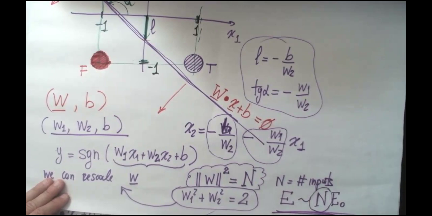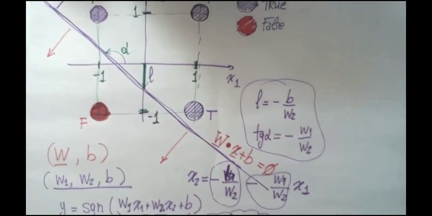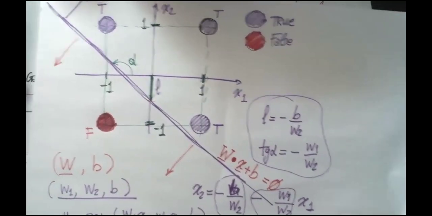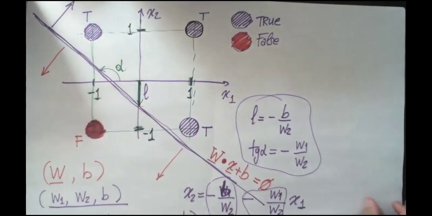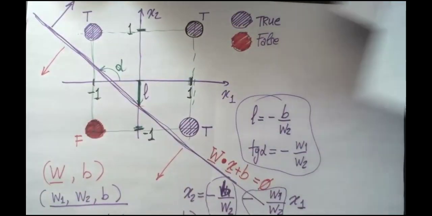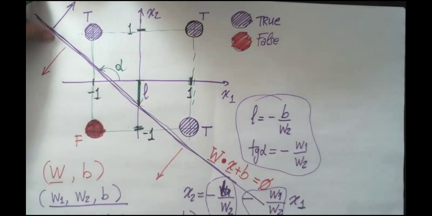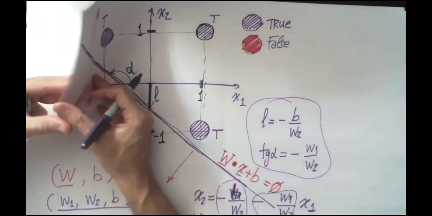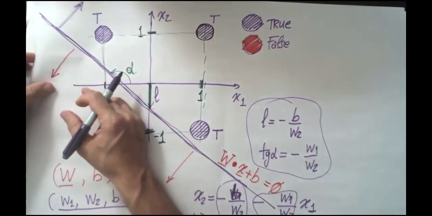Okay, and that's why we do this scaling. So this is basically the geometric interpretation. But now let's understand how we can solve this problem using an algorithm. Okay, and that's the next step.